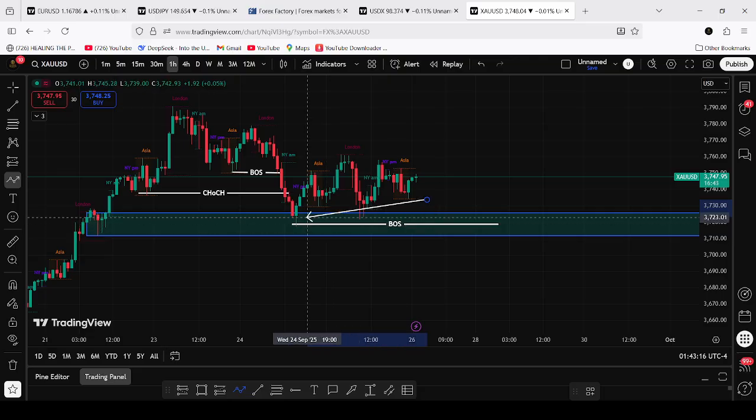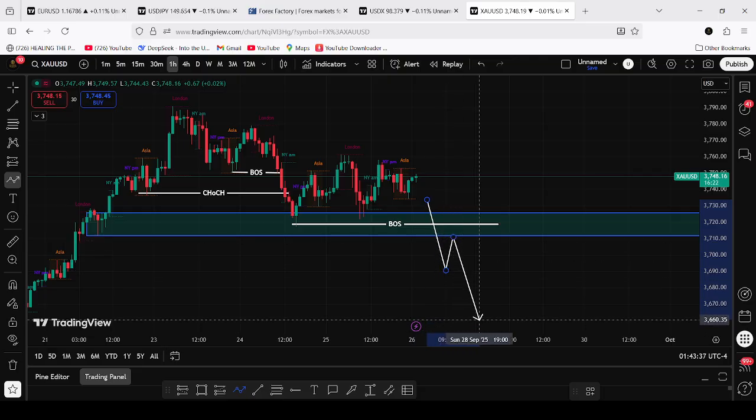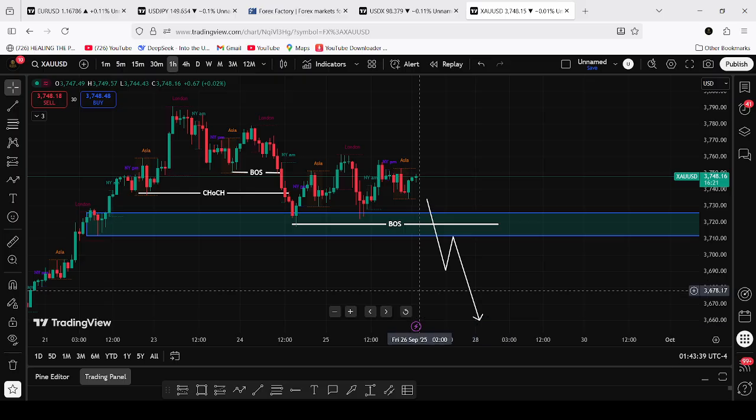Otherwise, if it's a wick that closes below this one, that is not a break of market structure. That is a liquidity sweep. So you must wait for a full body of a candle to close below this point. If it comes this way, you must wait for a retest to see more selling pressure in the market.